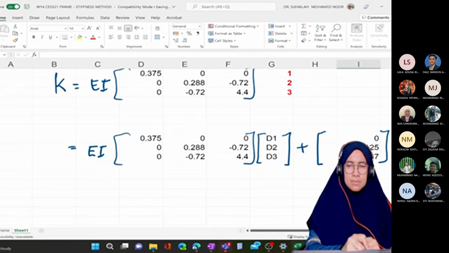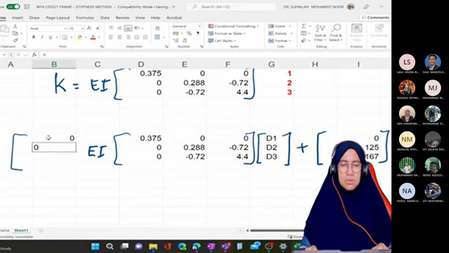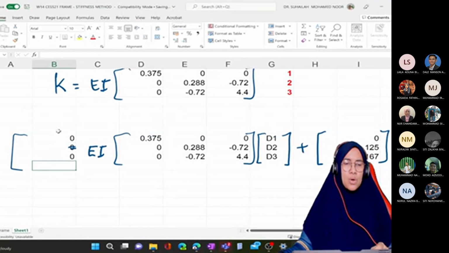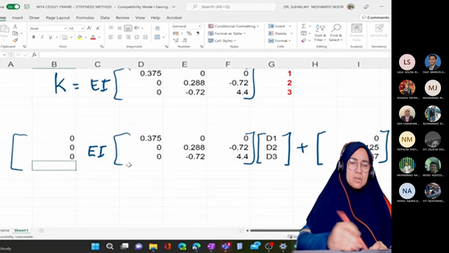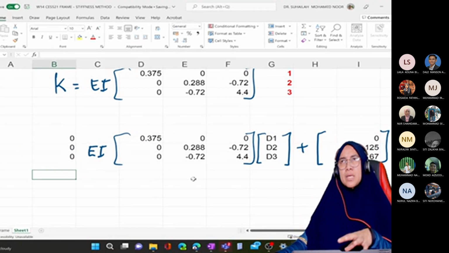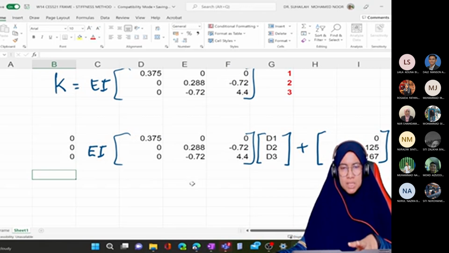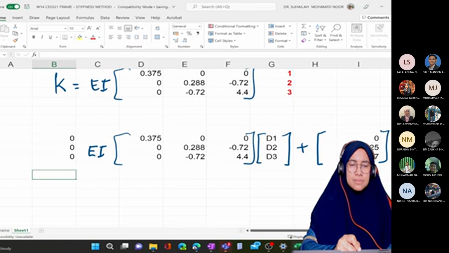And this one is 0, 0, 0. All 0 for Q naught because there are no nodal forces.